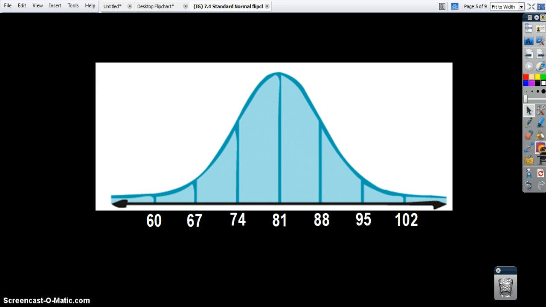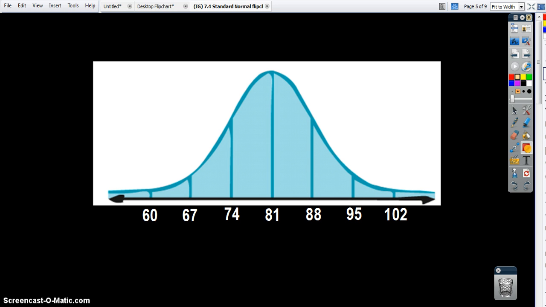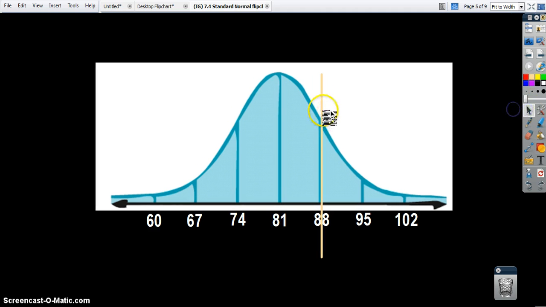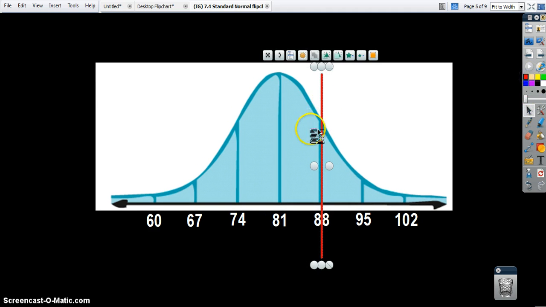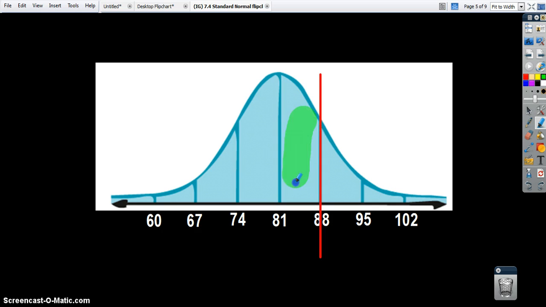So below an 88 would be me coming right here and saying I want everybody from here down to my left. This whole part right here would be the percent of students scoring less than or equal to 88.